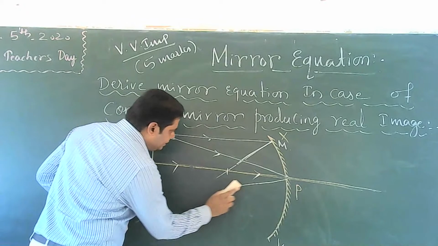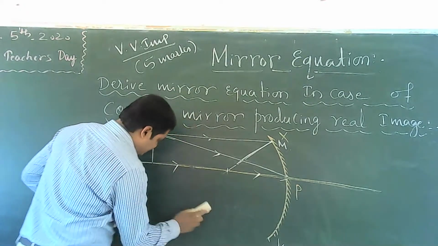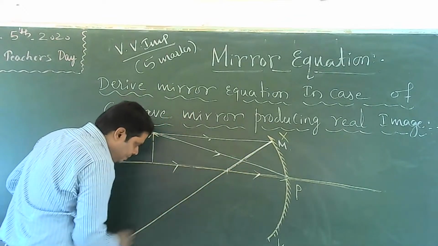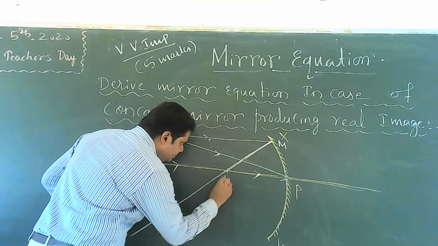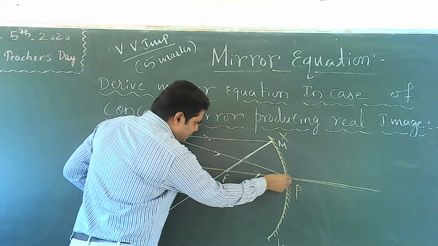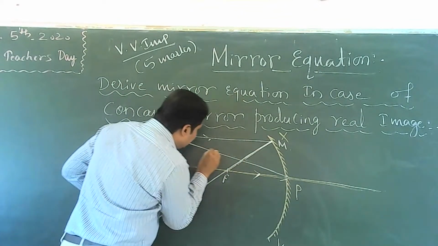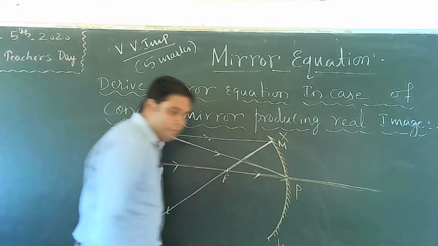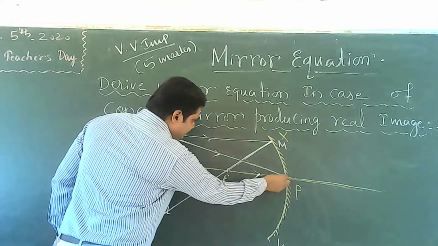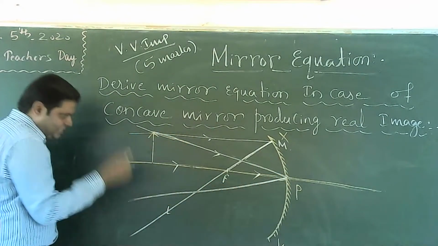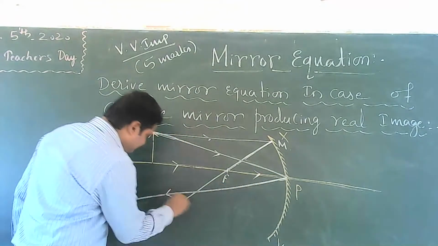I will draw somewhere here, okay? One second, or you get confused. This is F, no problem. This is the second ray passing through P, correct? Let this be the second ray.